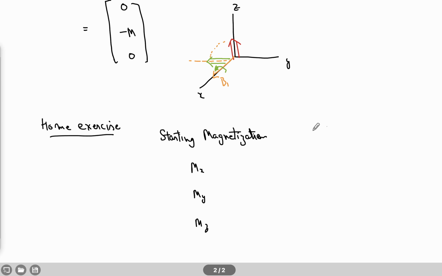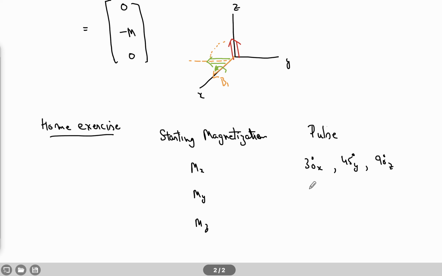Okay. So the pulse which you are applying is, let's say here you have a 30 degree x pulse. Then you also have, let's say, a 45 degree y pulse and a 90 degree z pulse. So what is the outcome of the magnetization in all these cases? You should be able to calculate that now.